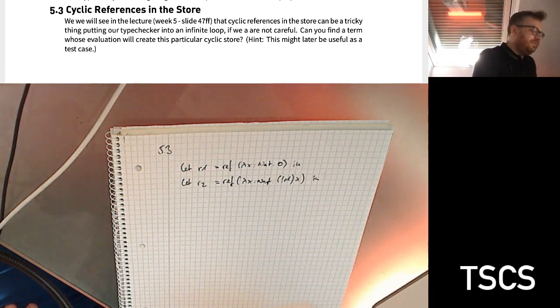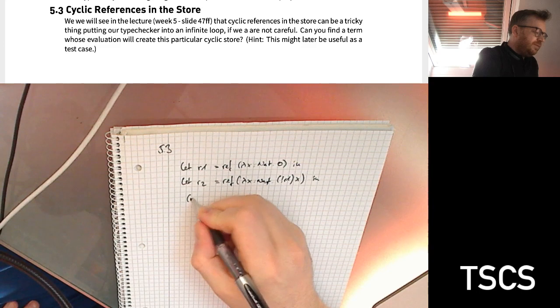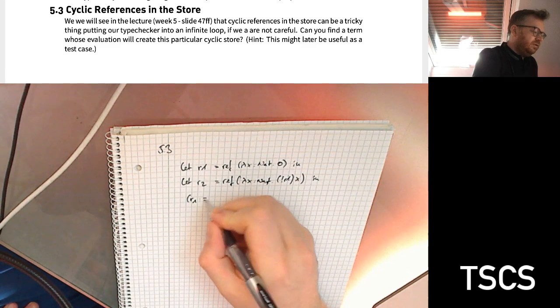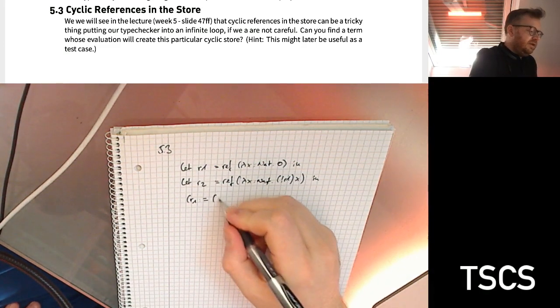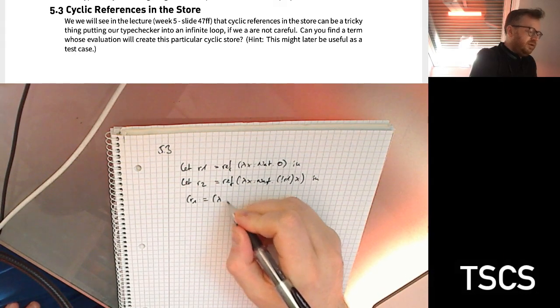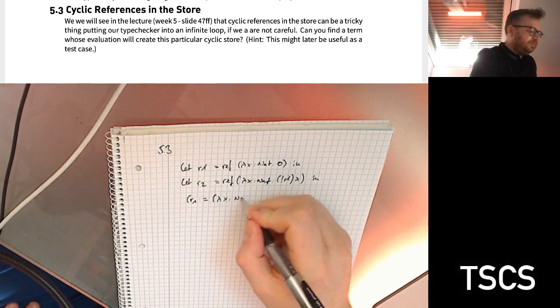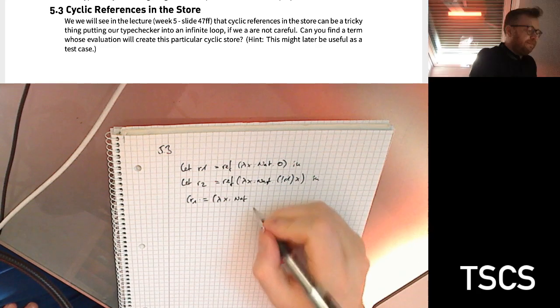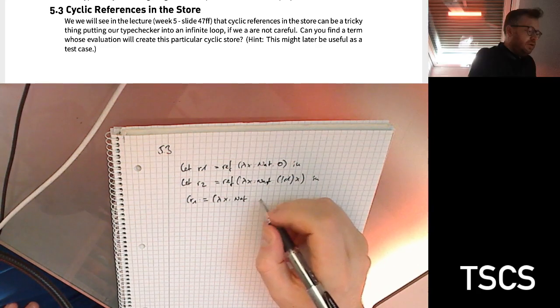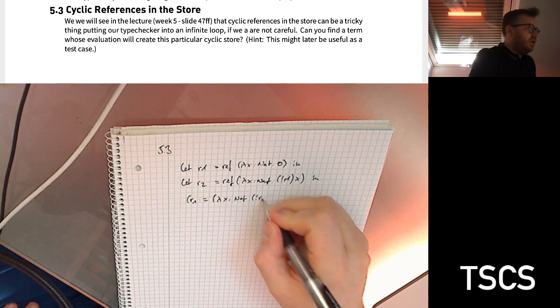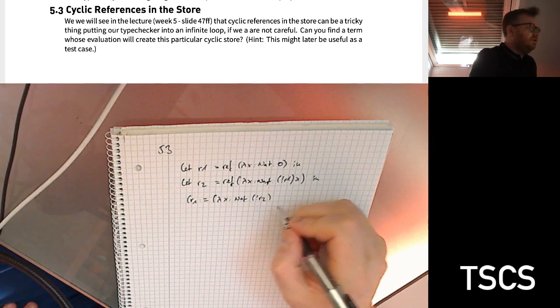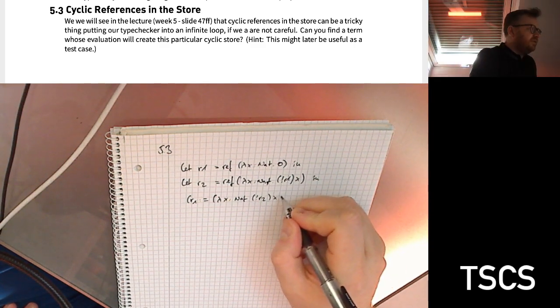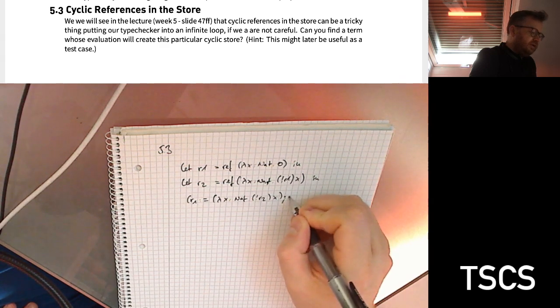How to do that is that we do an assignment to R1, and in that assignment, we define a new function and then use R2 in that new function, dereference that, apply x to that, and sequence that with R2.